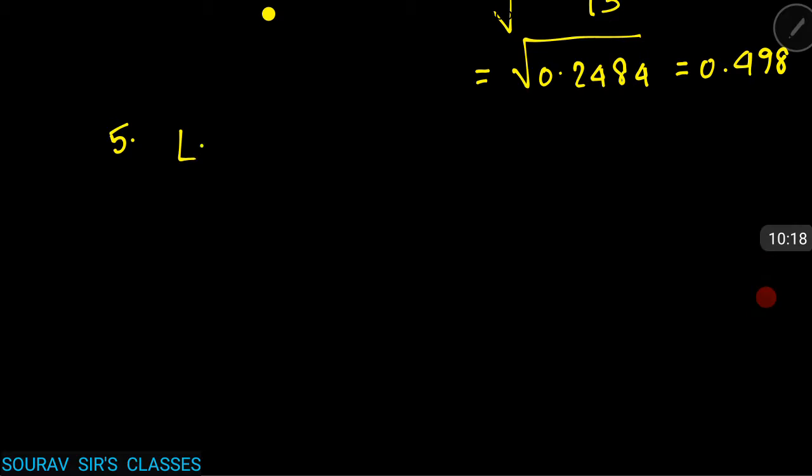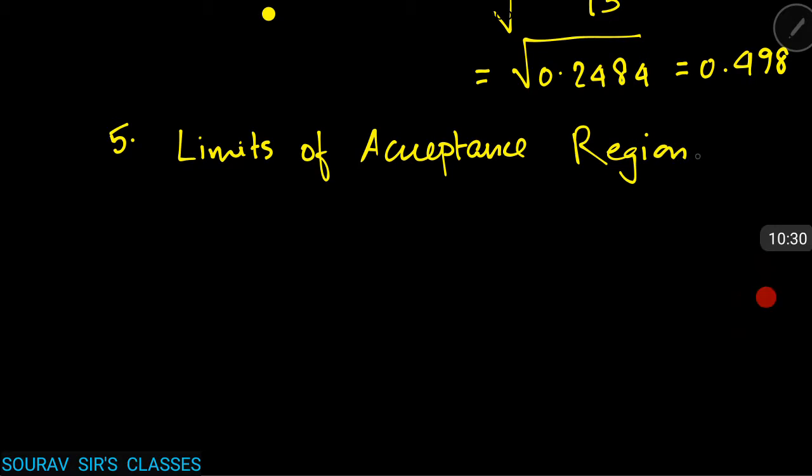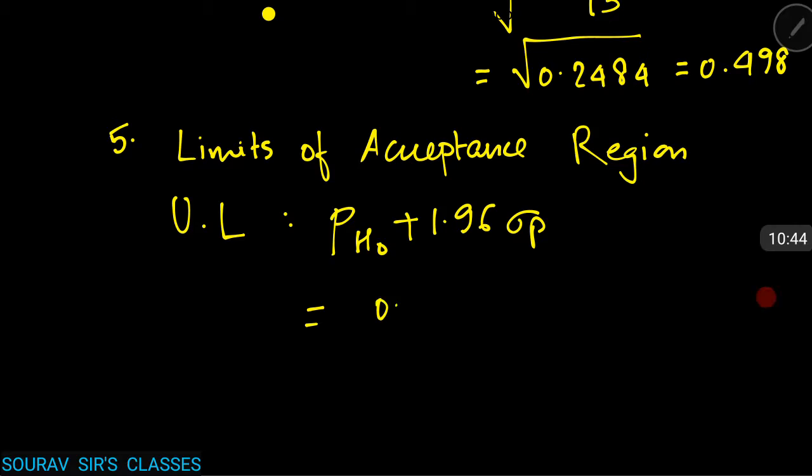Number 5. Limits of acceptance region. Upper limit UL is P of H0 plus 1.96 sigma P, which is equal to 0.5 plus 1.96 into 0.498, which is equal to 1.476.